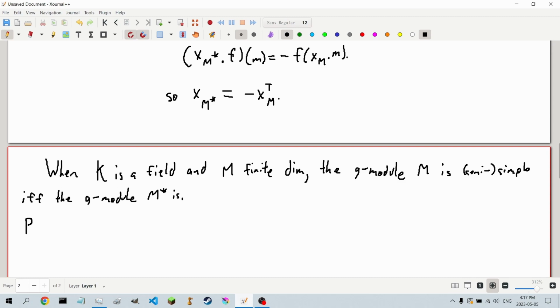Okay, proposition. Let M1 and M2 be two G modules.